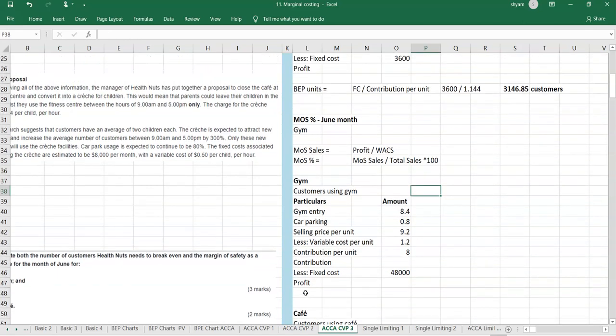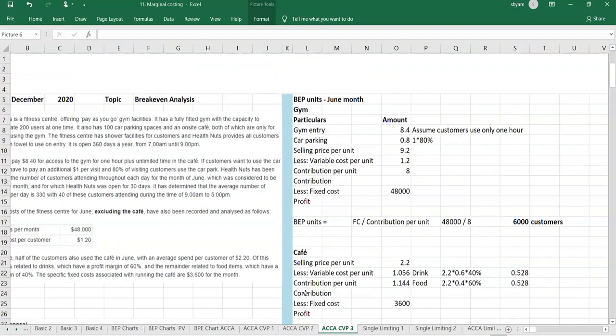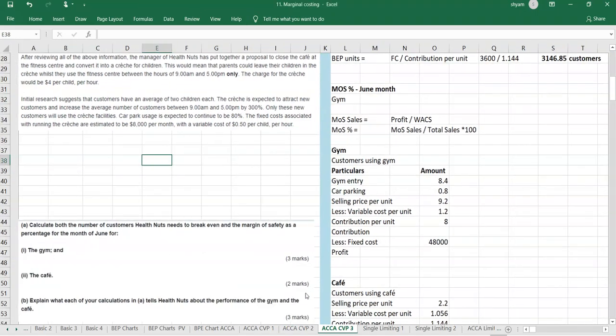So we have already worked out some numbers. Okay, there are some numbers here. So we will use those numbers and we'll try to find it out.